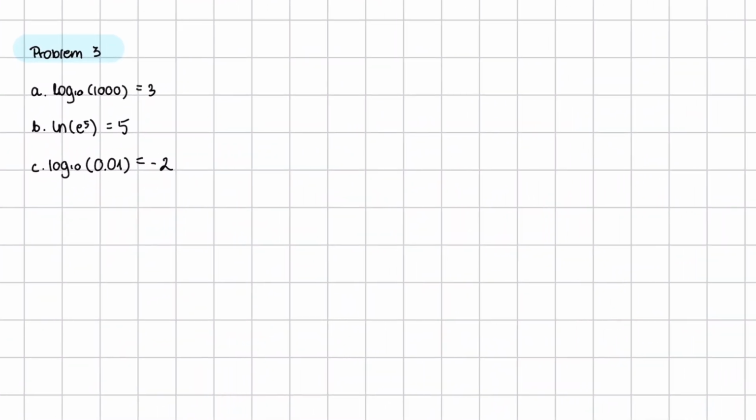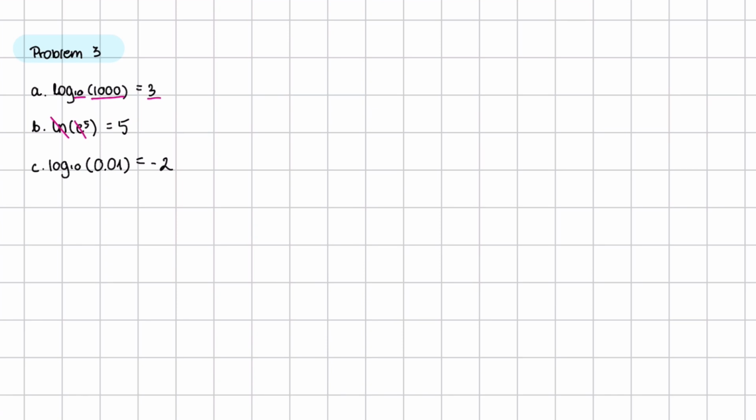And in A, we have a logarithm with a base of 10, and in brackets we have 1000. So 10 to the power of something equals 1000. So 10 to the power of 3 equals 1000. In B, we have a natural logarithm, and natural logarithm always cancels out with the letter e.